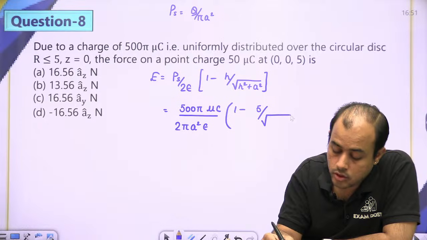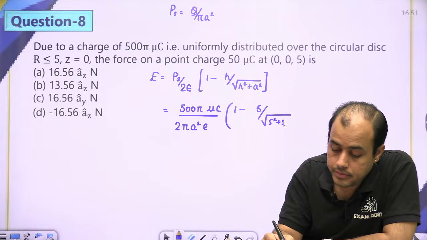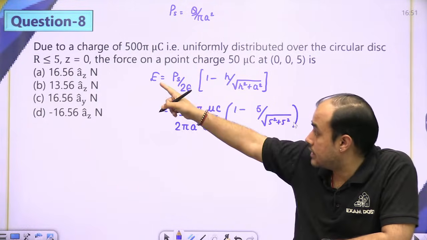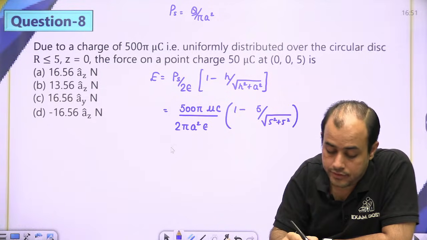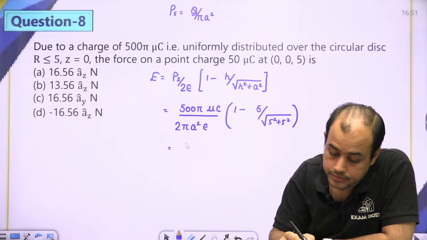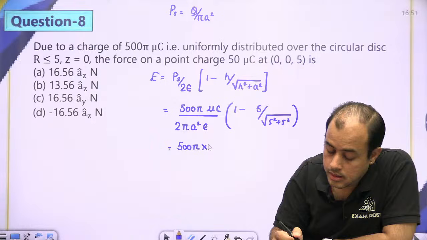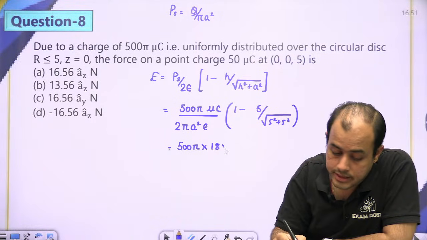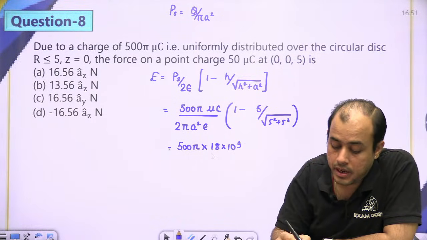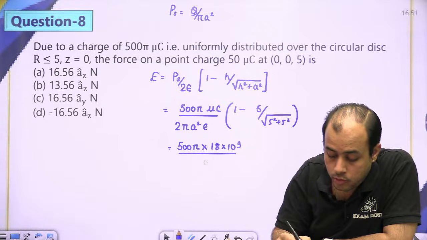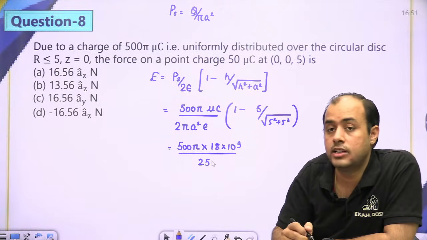The radius is also 5 meter, because it is written r less than equal to 5. Now 1 by 2 pi epsilon is 18 into 10 to the power 9.